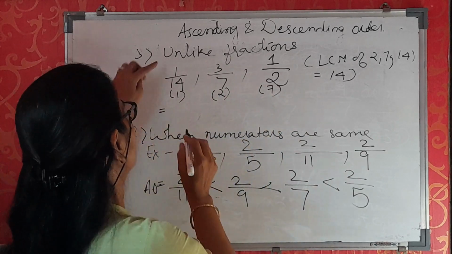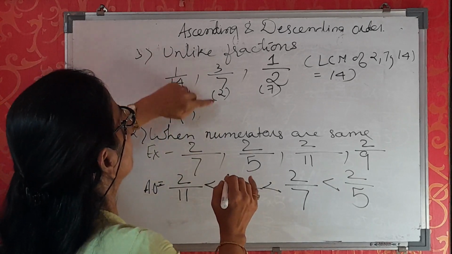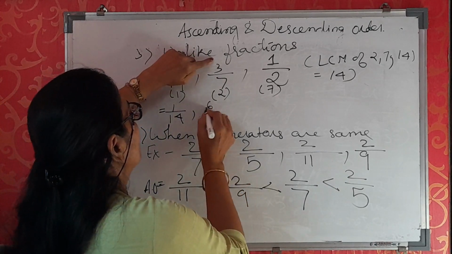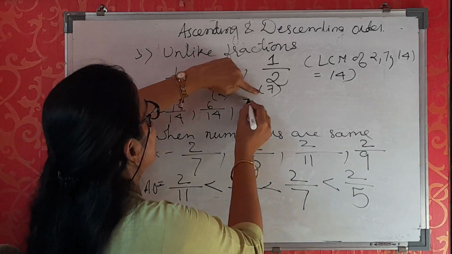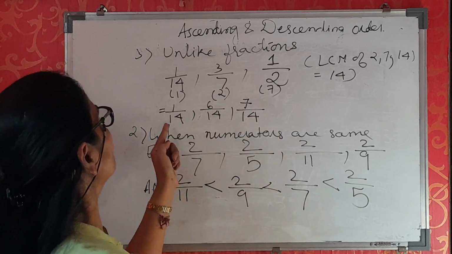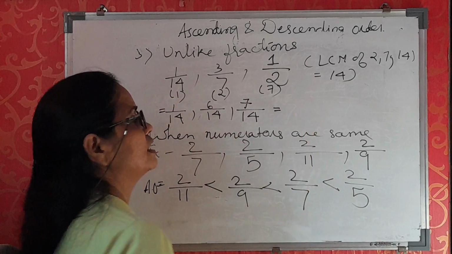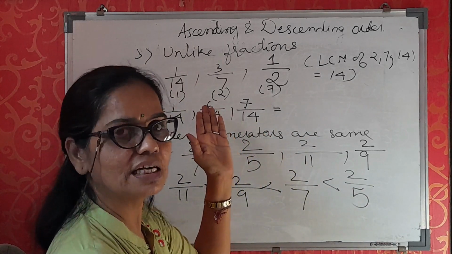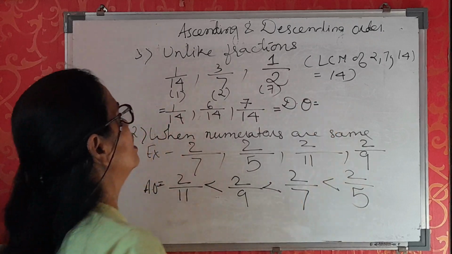That means here 1 upon 14; here 3 twos are 6 upon 7 twos are 14; and 1 seven is 7 upon 2 sevens are 14. Now your like fractions have come. Like with like fractions and the ascending order, the same way I am now showing you descending order.